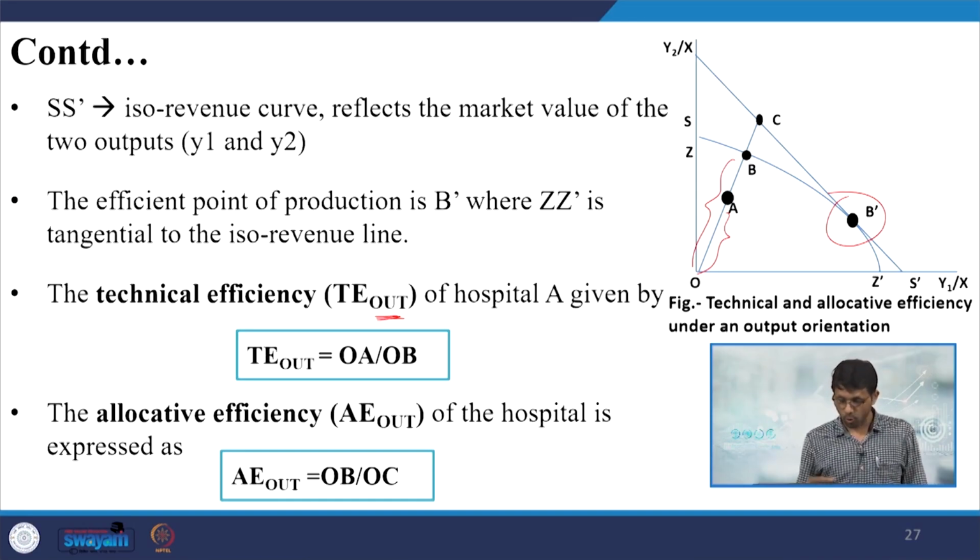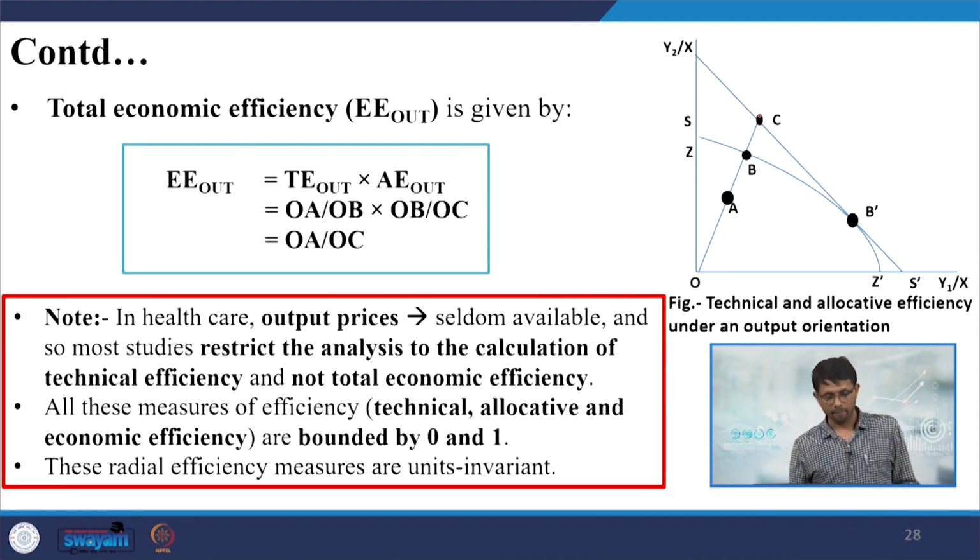That is OB by OC, as our focus is on the iso-revenue line, and that revenue has to be attained. So, OB upon OC is the allocative efficiency in the output oriented model. Hence, the total economic efficiency can be calculated by multiplying these two, and finally it results in OA upon OC. So, this is indeed called the total economic efficiency.